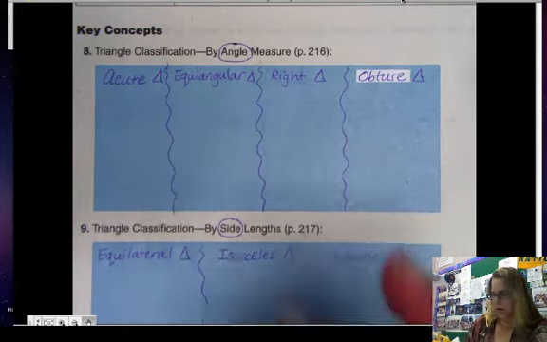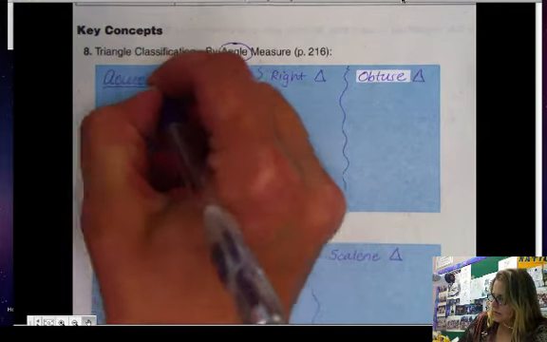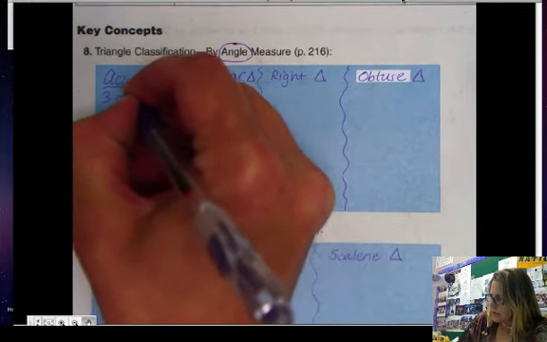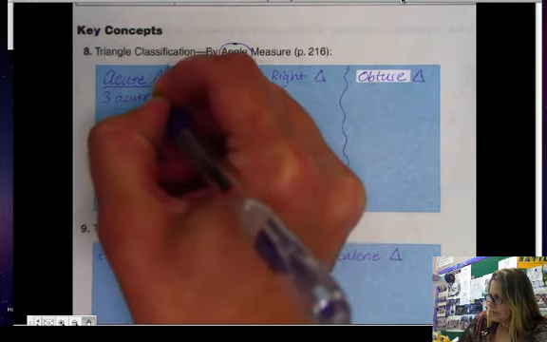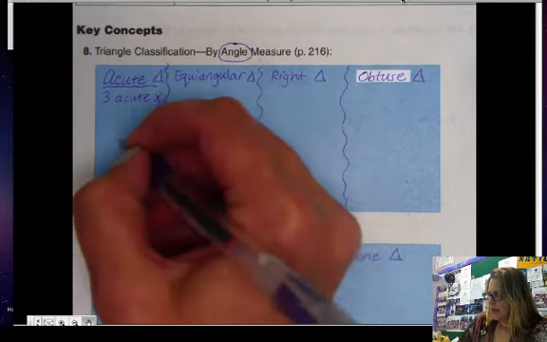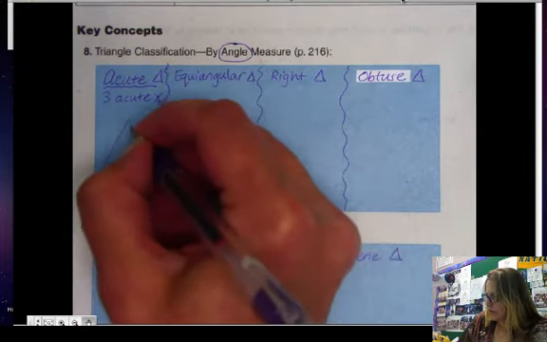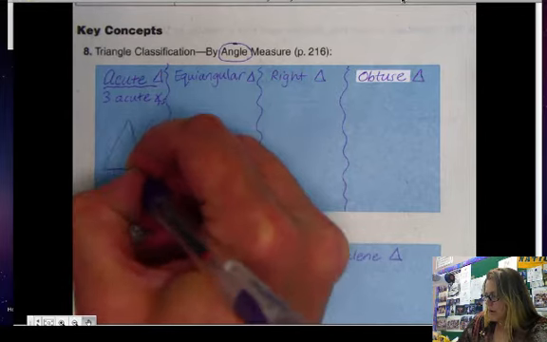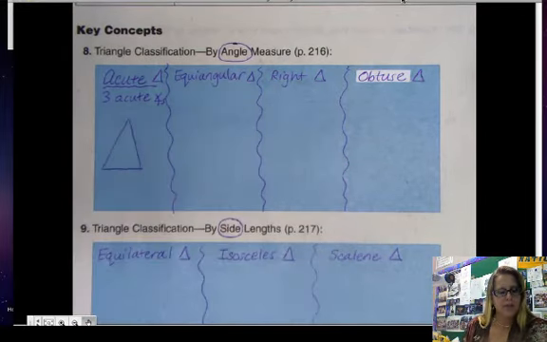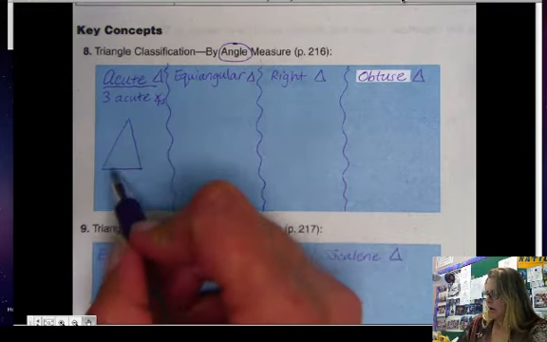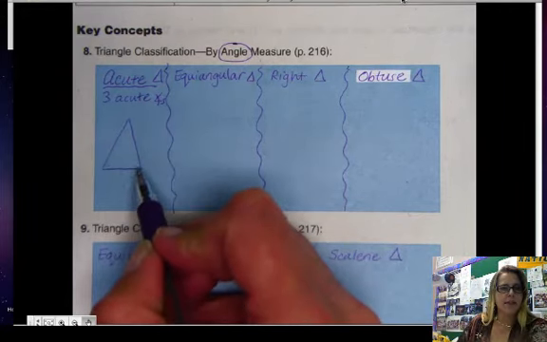So an acute triangle has 3 acute angles. So all 3 angles are acute. They're all smaller than 90 degrees. So that would be an example perhaps of an acute triangle. All 3 angles are less than 90 degrees.